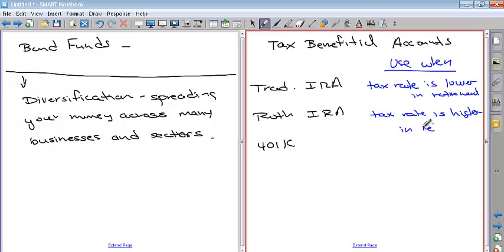Most likely, if you're upper middle class, the Roth IRA may be the better choice because you've been able to save more. A larger percentage of your income is going to retirement. If you save really well, you could actually be making more in retirement than you made in regular life.